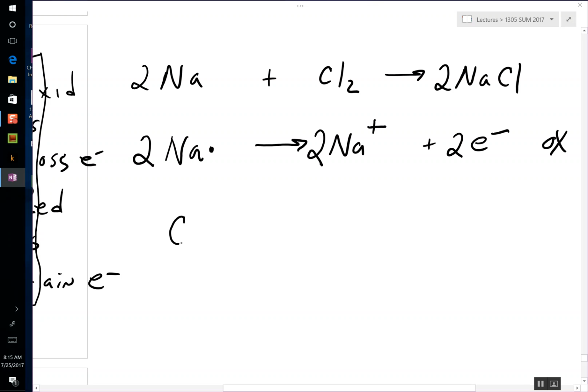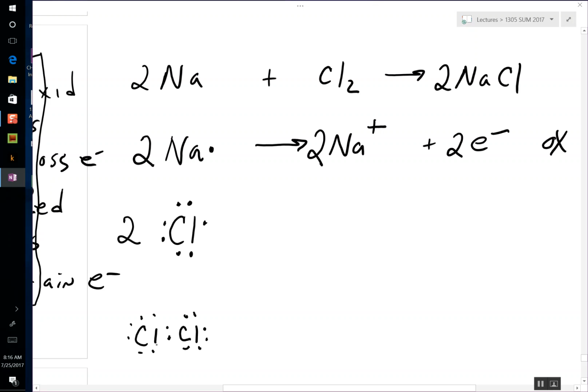What's happening here? Chlorine, and I'm going to say what we got here. We got 2 chlorine atoms that look like that. Here's what we know that looks like. There's the Lewis dot structure of the chlorine molecule.